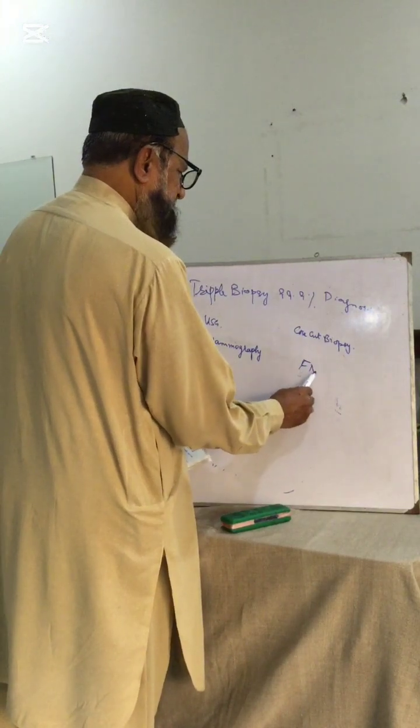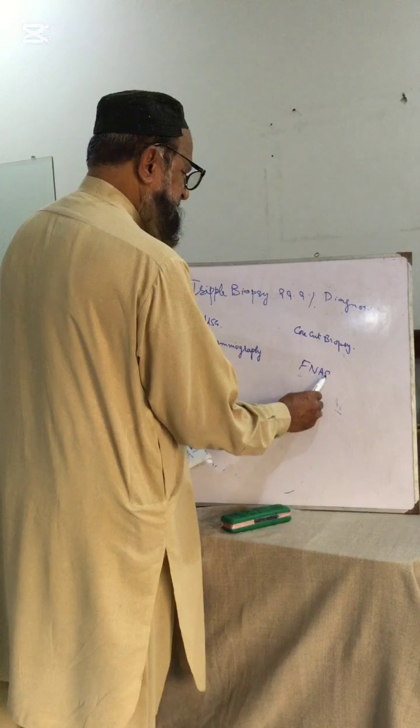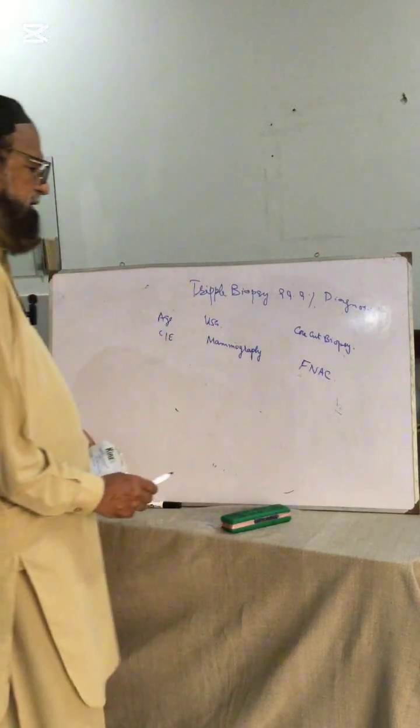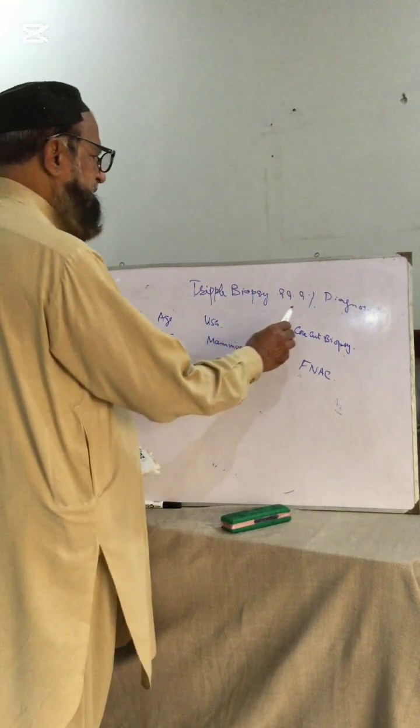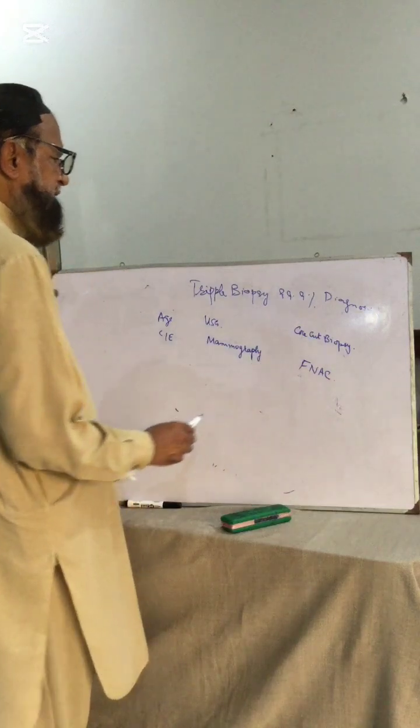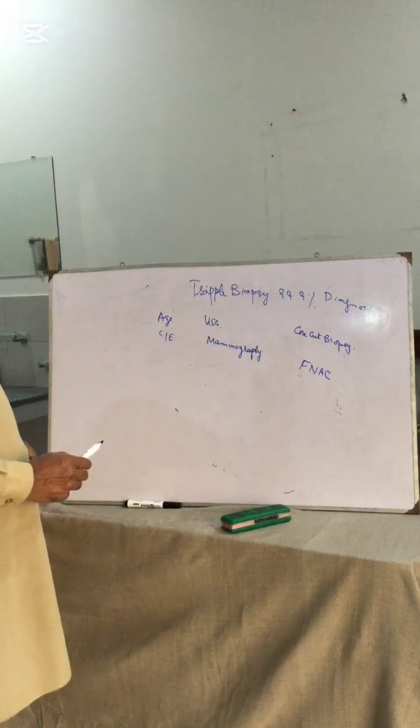This is now a recommended method of investigation of breast lumps. So it will tell you that a 99.9% diagnosis is verified by this means and a definitive decision can be taken.